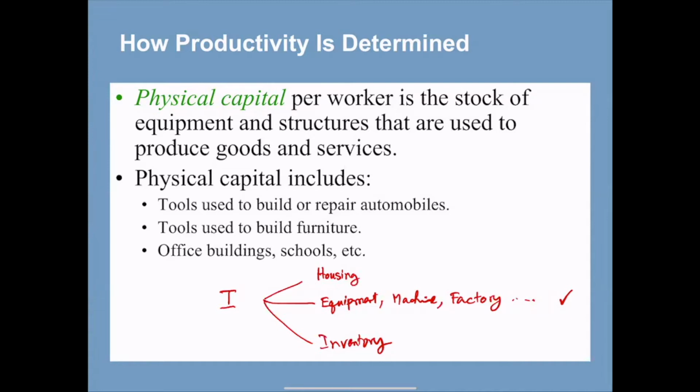In the factory, you have the crane, you have the stamping machine, you have the welding machine, you have several tools in your production, right? So the physical capital can help the firm and the economy to produce higher value added in shorter time. So this is the key.